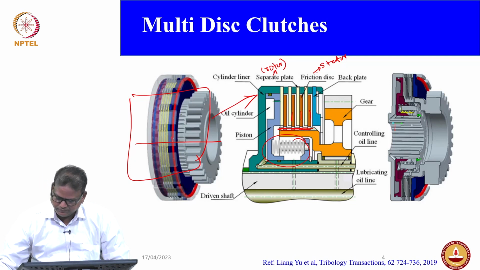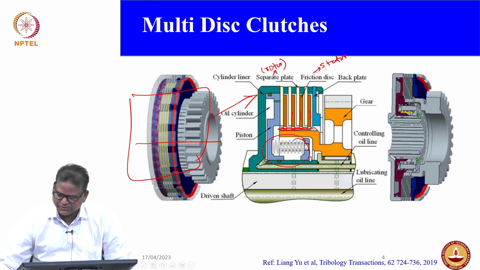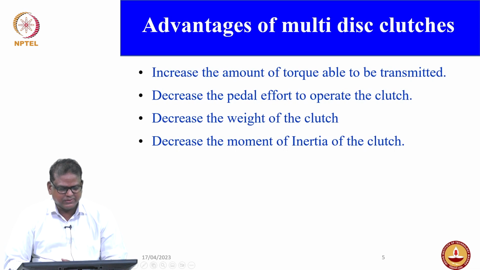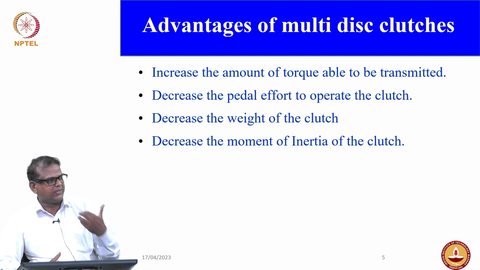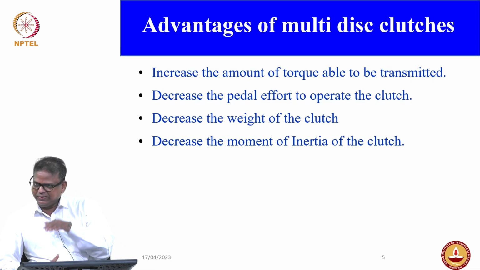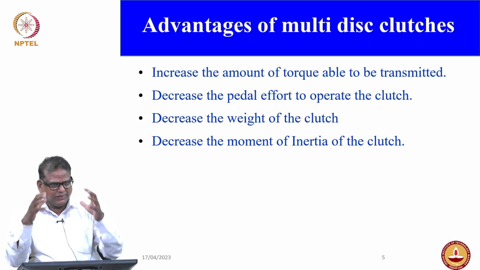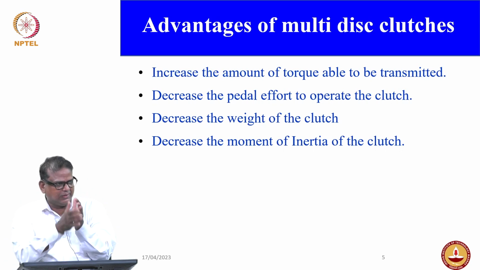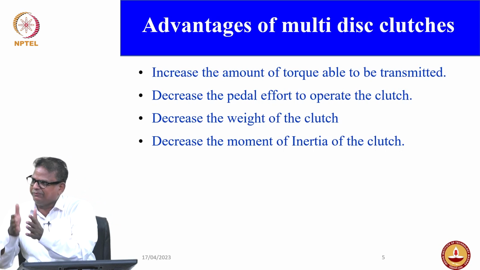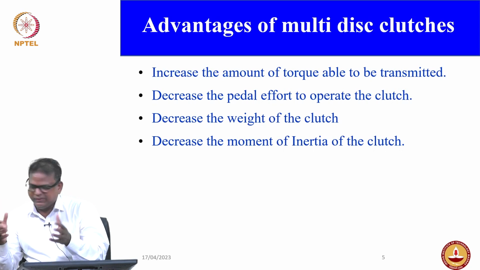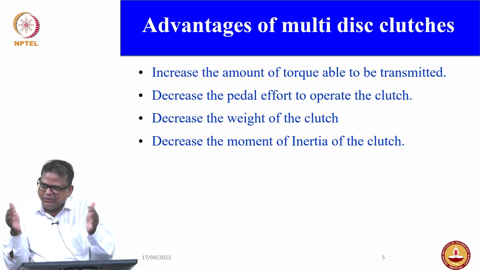This is taken from Liang Yu from a tribology transaction. The advantages: they increase the amount of torque able to be transmitted, you decrease the pedal effort to operate the clutch, and obviously you are reducing the size also, right? Even though you are increasing the number of plates or discs, the overall weight you are reducing.